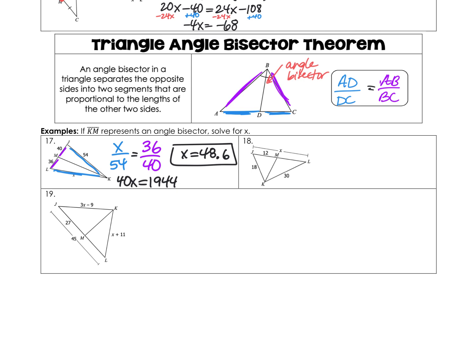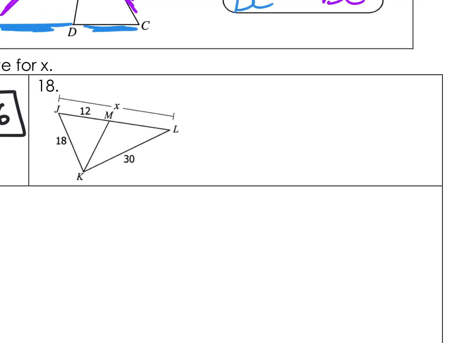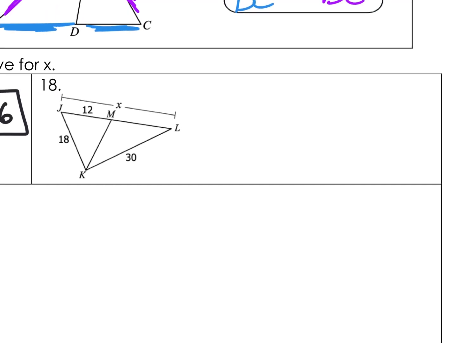Okay, number 18. There was something kind of like this on Delta Math for the word problems. Go zoom in. Okay, when you're doing this, you have to have the outside pieces, outside to outside pieces, or these sides. I don't know how to say it. Those pieces, the one in blue, to these two. And as you can see right now, you only have one of the purple pieces.